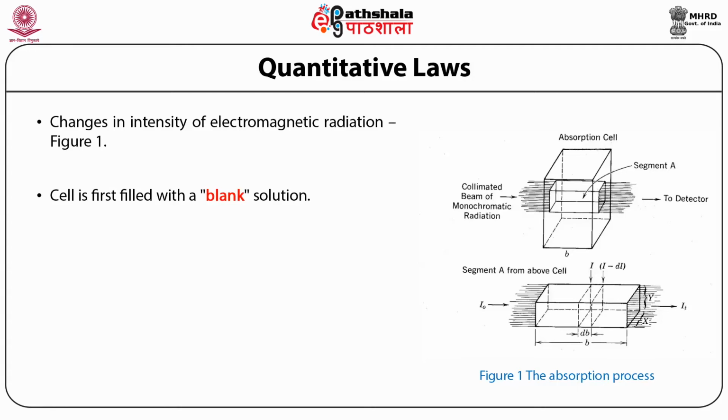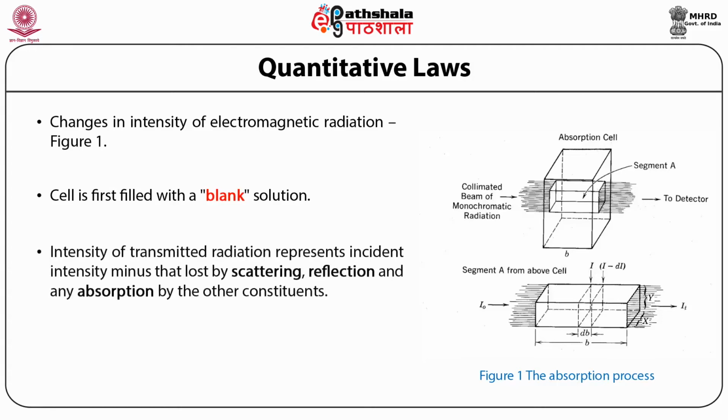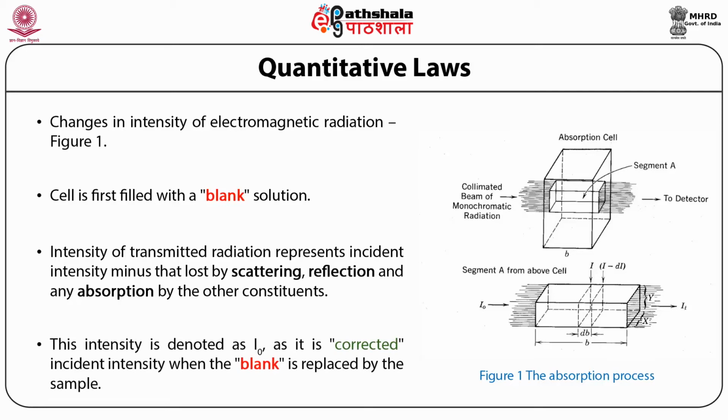With this blank solution in the cell, the intensity of the transmitted radiation represents the incident intensity minus that lost by scattering, reflection, and any absorption by other constituents, which is very small. This intensity is denoted as I0 because it is the corrected incident intensity when the blank is replaced by the sample.